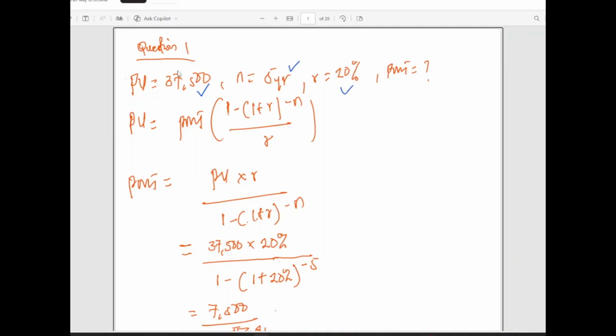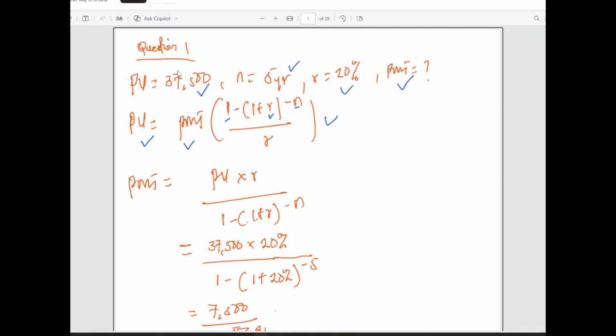In this case, we don't know our periodic payment, but we know our present value formula: present value is equal to the periodic payment times open bracket 1 minus open bracket 1 plus the interest R close bracket to the power minus n, all over R. We now make the PMT, the periodic payment, the subject, because we are looking for that amount.